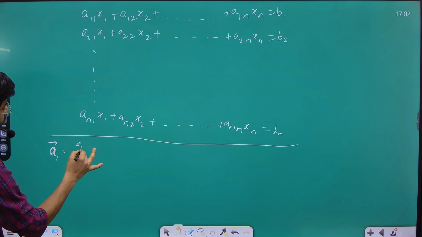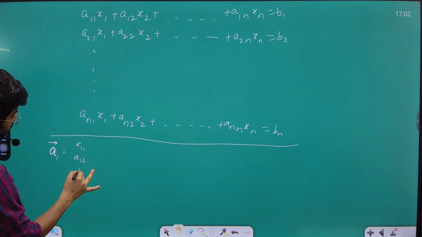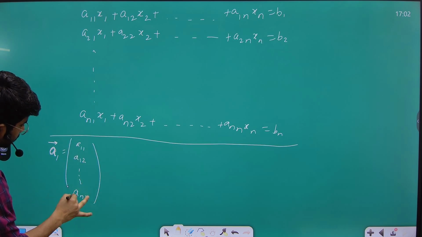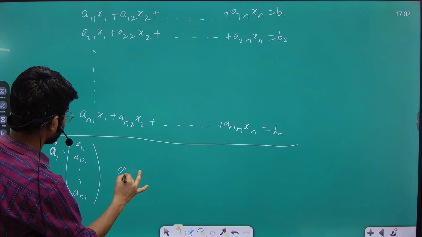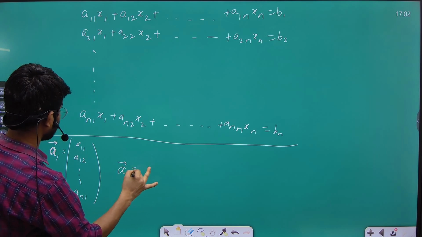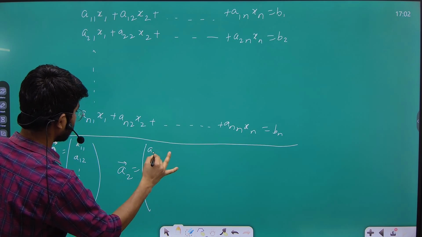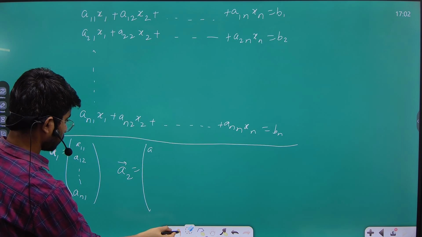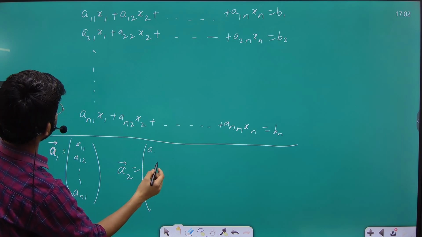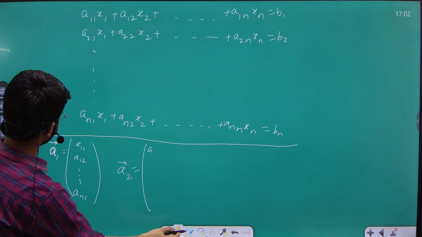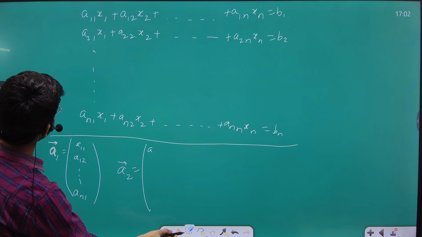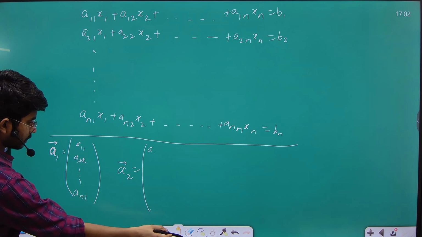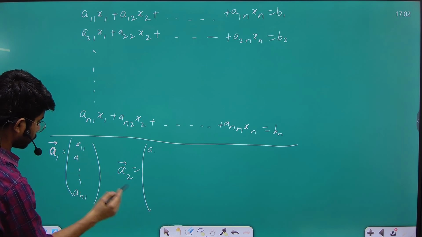So this a1 vector would be a11, a21 and so on to an1. Okay. Similarly, you will have another column vector a2 equal to a12, a22, and so on to an2. We have a mistake here, so it should be a21.